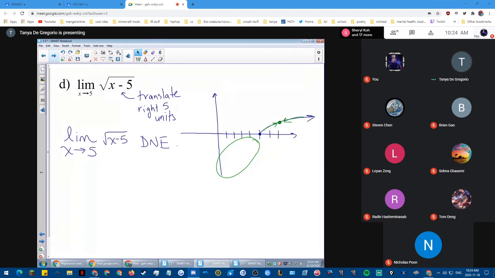Yes, that's what we said, right? Basically, any graph where you have a starting point, a place where it begins, there is no limit there. But you can't say this one is equal to 0 because I can draw this function in all different places.